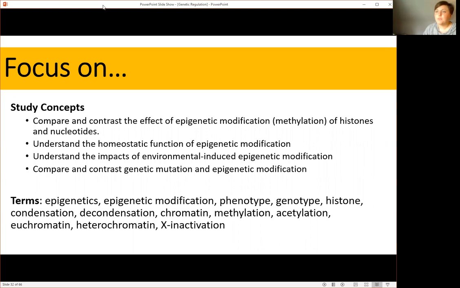Make sure that you are able to compare and contrast the effect of epigenetic modification of histones and nucleotides. Be sure you understand the homeostatic function of epigenetic modification. Make sure you understand the impacts of environmental induced epigenetic modification. And be able to compare and contrast genetic mutation and epigenetic mutation.